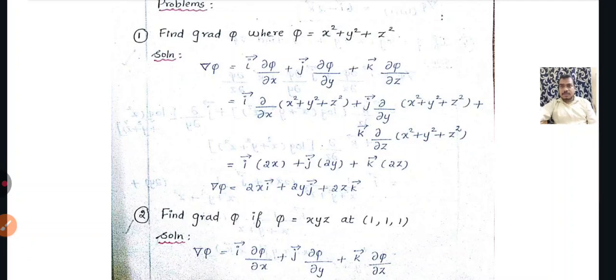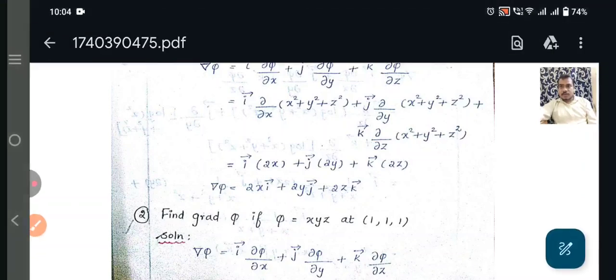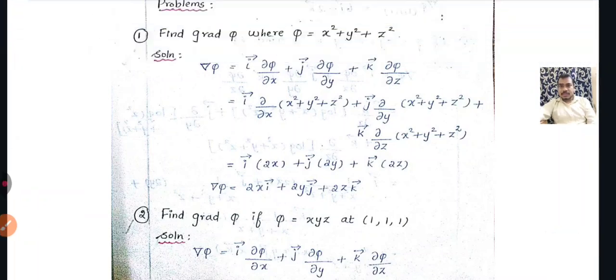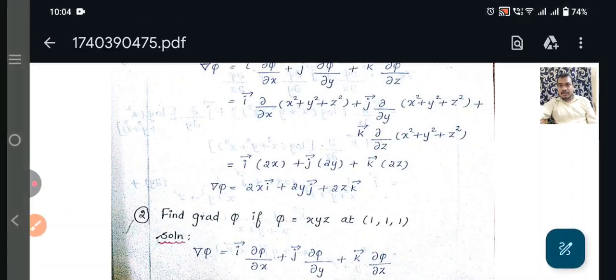The remaining y squared and z squared are constants, so their derivative is 0. Therefore, dou by dou x of x squared is 2x. So i into 2x plus j into the derivative of the second term with respect to y. Dou by dou y of y squared is 2y, and in the third term, k vector into dou by dou z of z squared is 2z. The remaining terms are constants, so 0. Therefore, del pi equals 2x i vector plus 2y j vector plus 2z k vector.